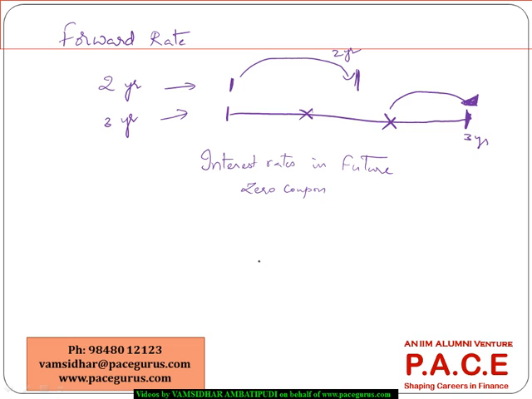Now, the way we can determine the forward rates is a straightforward formula: R2T2 minus R1T1 divided by T2 minus T1. This is a straightforward formula.